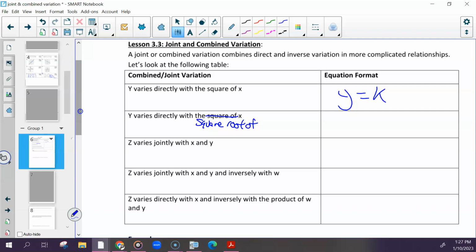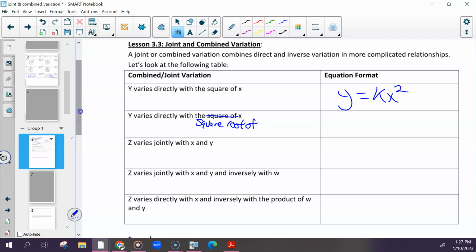X is going to be next to it, but we're missing the square of. Squared. X squared. Or x to the second power.